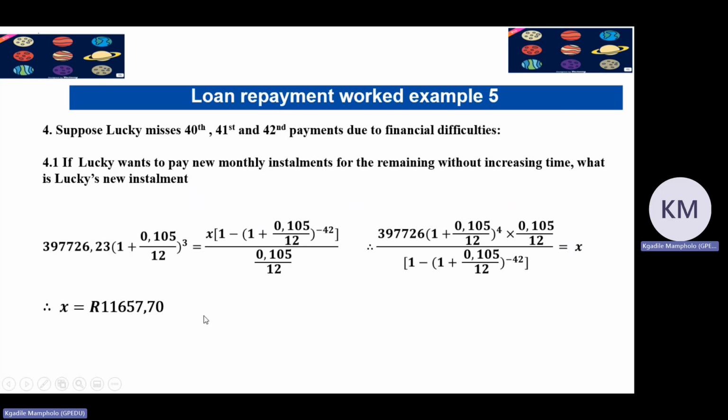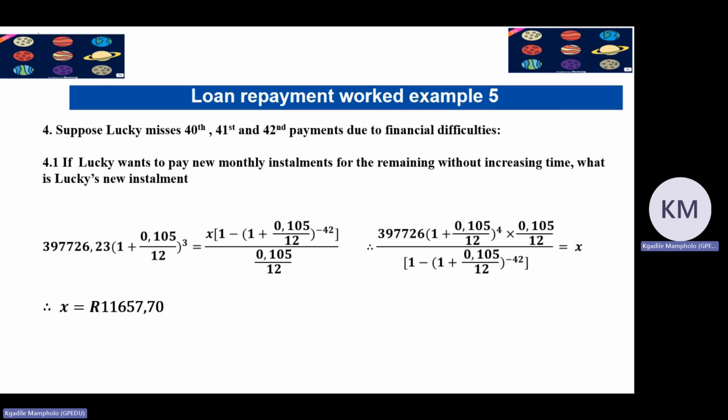We use the present value formula, but now we are going to look at the outstanding balance that we calculated in the previous question. Because Lucky paid well for the first 39 months, or made 39 payments without missing, he should not be penalized for the first 39 months.